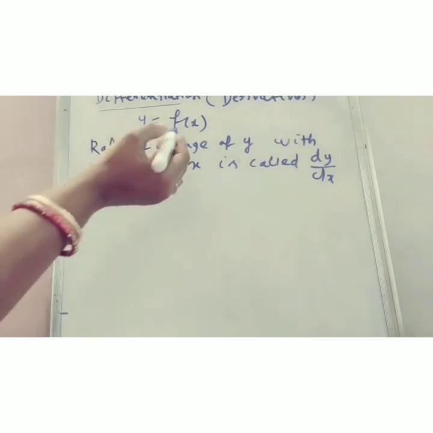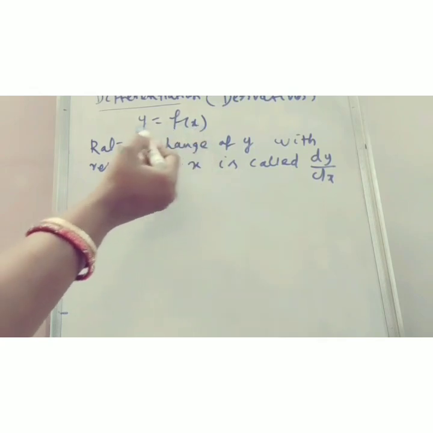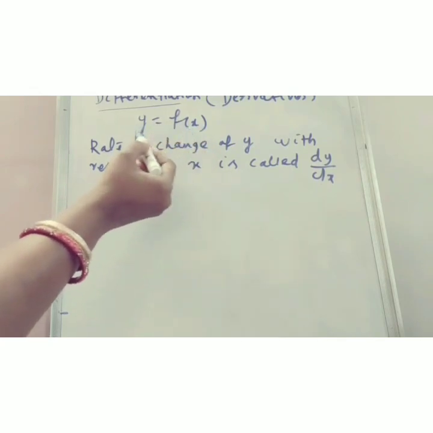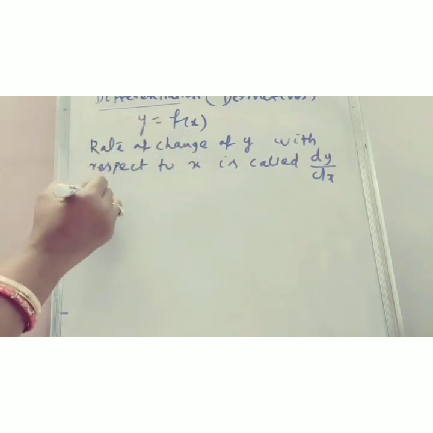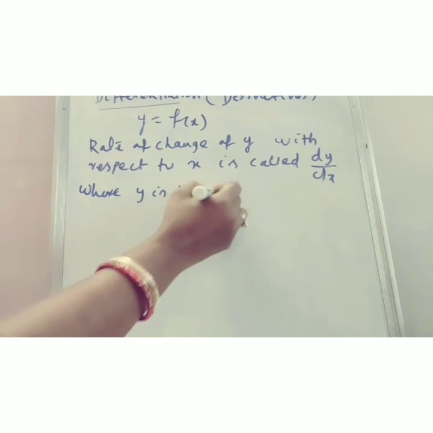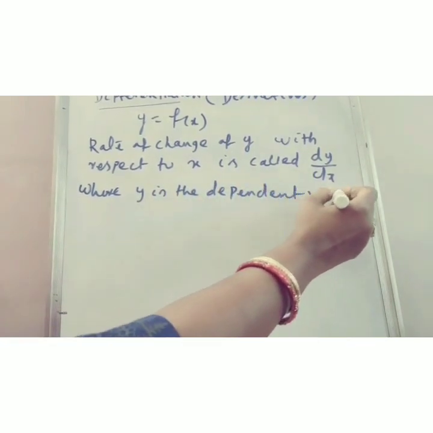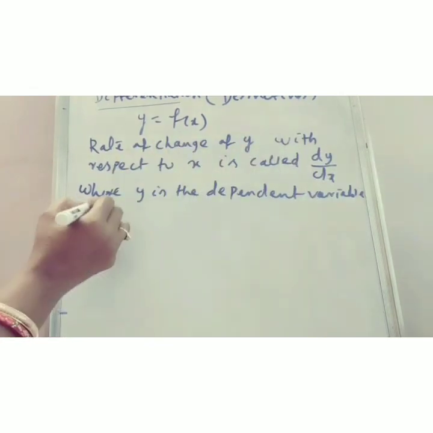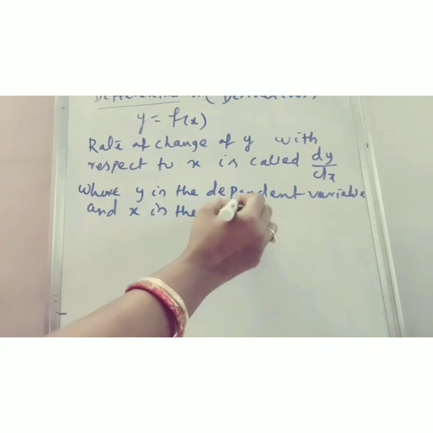Which is the dependent variable? There are two variables, x and y, where y is the dependent variable and x is the independent variable.